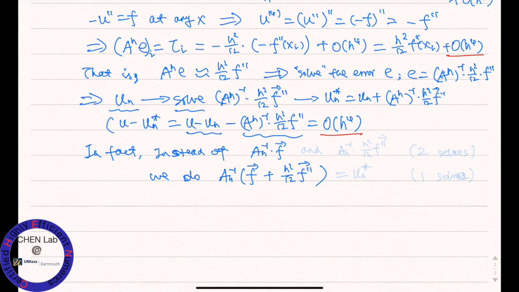This is like one solve gets us the uh star right away. Instead of Ah inverse f and Ah inverse h squared over 12 f double prime and then update uh, we just do one solve. So this is two linear algebra solves, and here is only one solve.